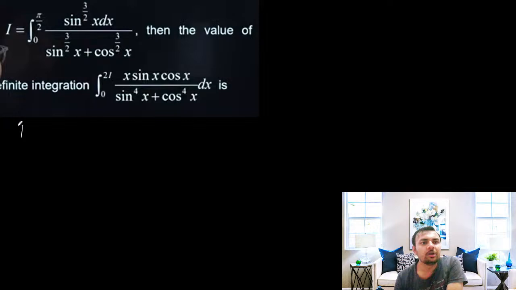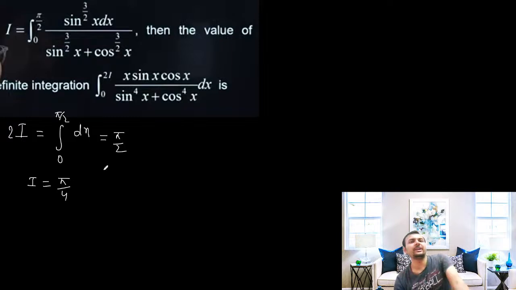Now this is the question. So we can do I equal to a plus b minus x. So it will become cos 3 by 2 and everything. So we'll add 2I. We'll get the integral dx from 0 to pi by 2, and it is nothing but pi by 2. So I is pi by 4, or 2I is pi by 2. Now we have the limit 0 to pi by 2.